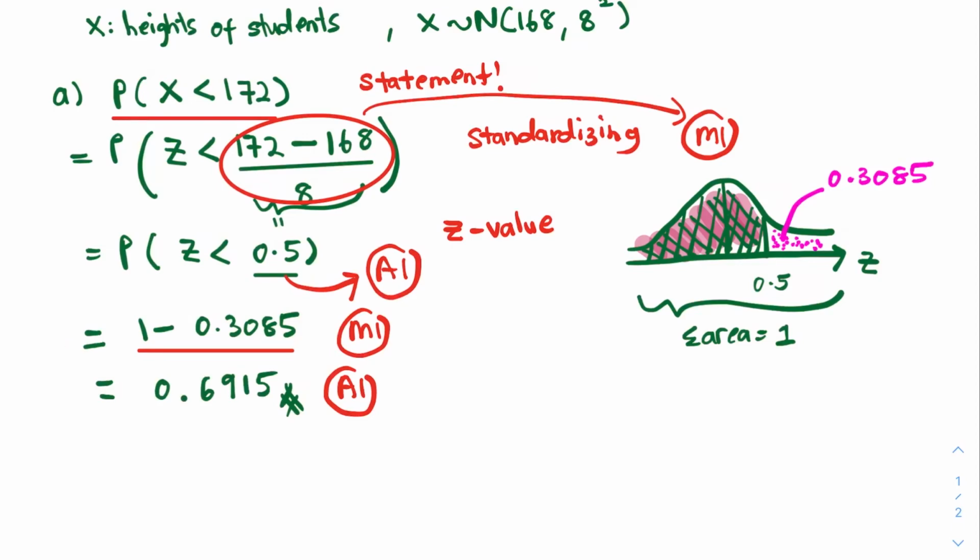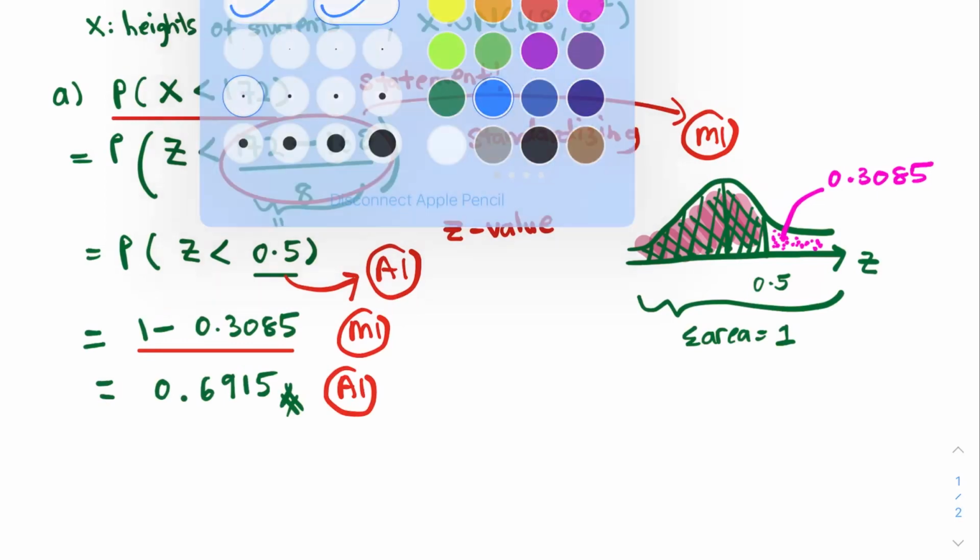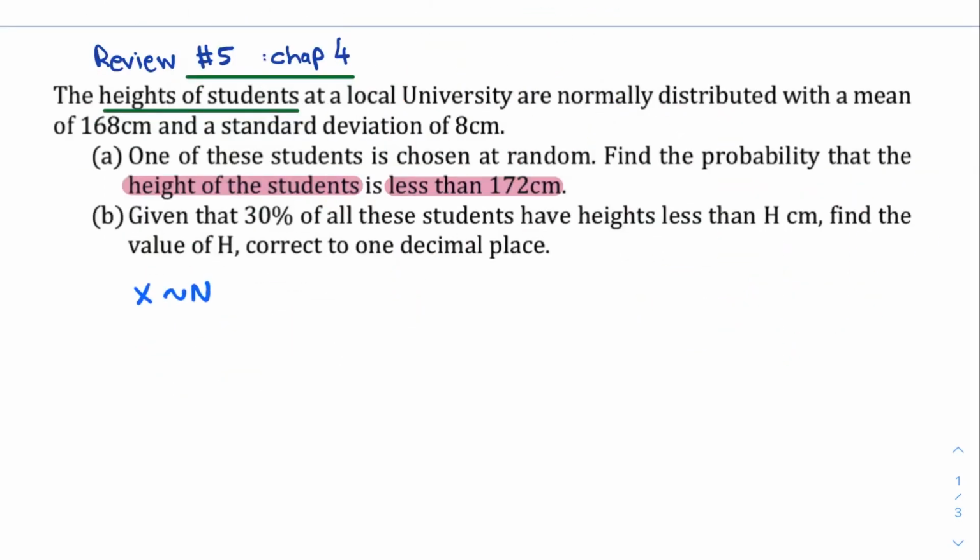Now let's look at part B. Again, X is normal with mean 168 and variance 8 squared. Part B, given that 30%, what does it mean by this 30%? Think about it.